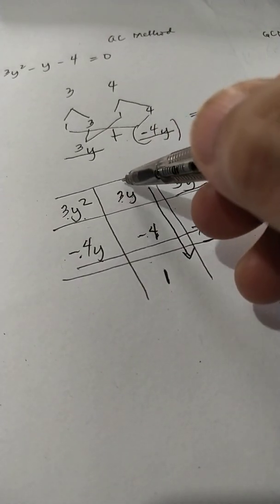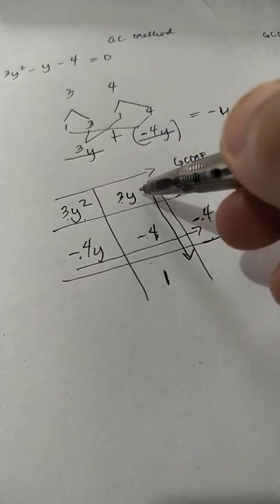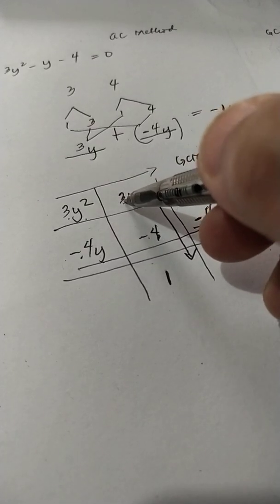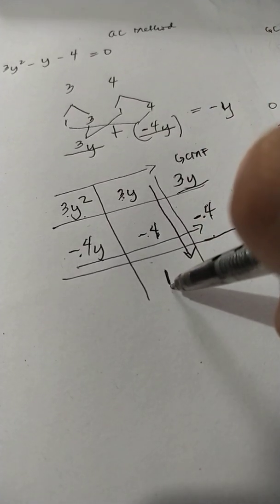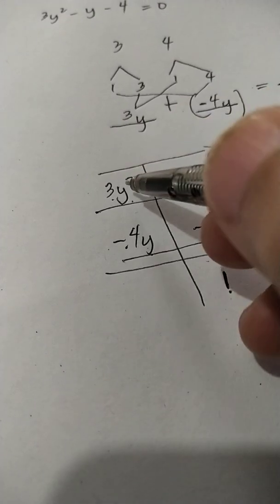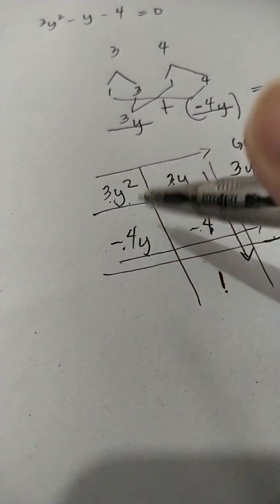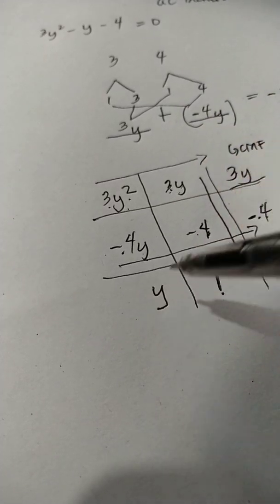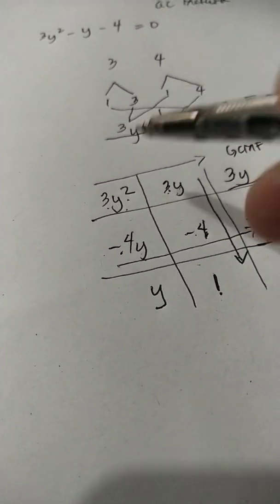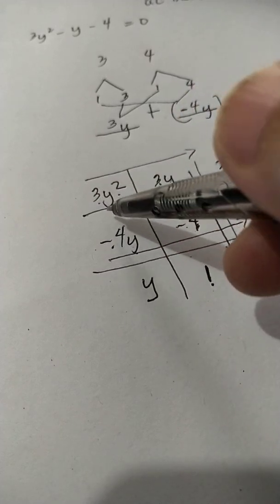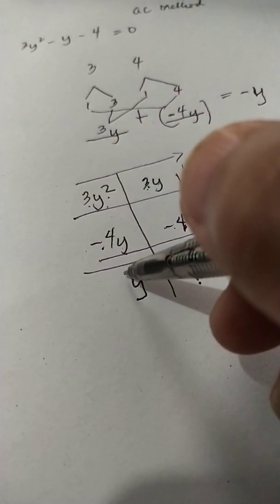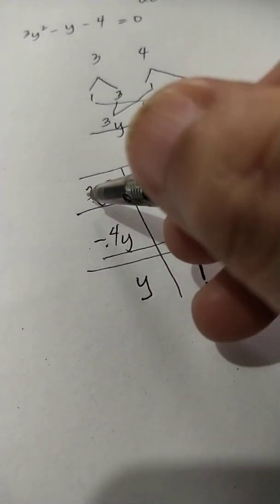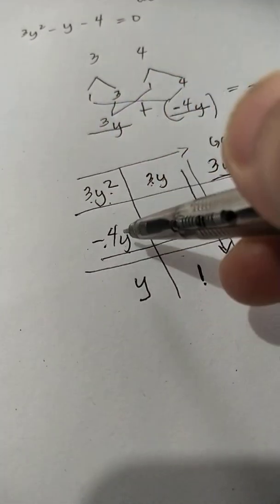Again, we will follow the sign of the expression written on this box. This one is positive, so this one must be positive. Now, for this one, we have 3y squared and negative 4y. We have y squared and y, so we have the common expression, which is y. How about for the numerical coefficient? 1. So, we do not indicate anymore 1. What will be the sign of y? It should be positive because this one is positive.